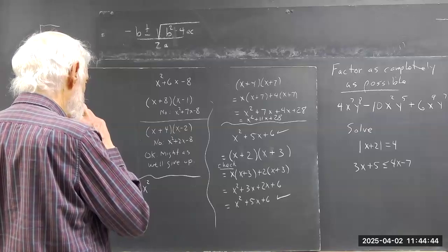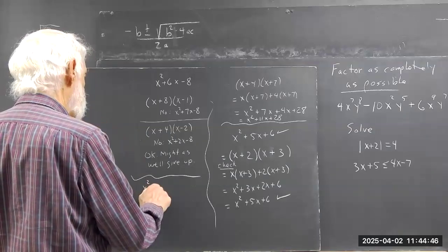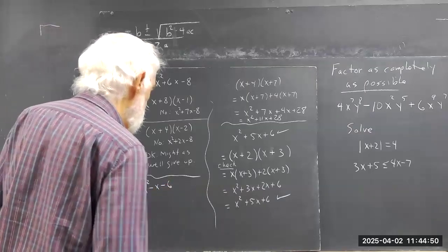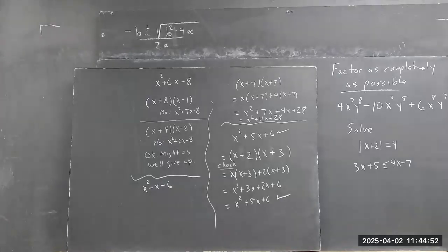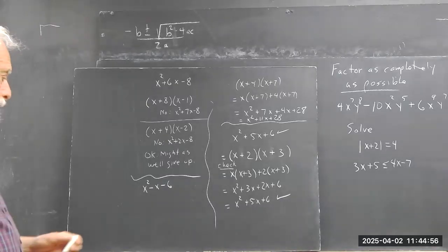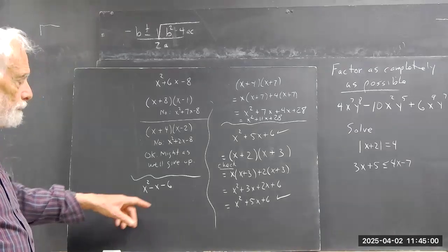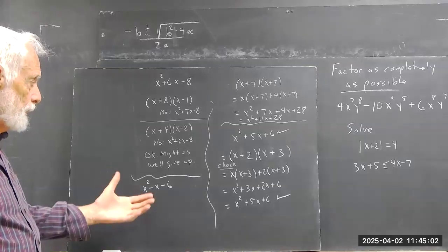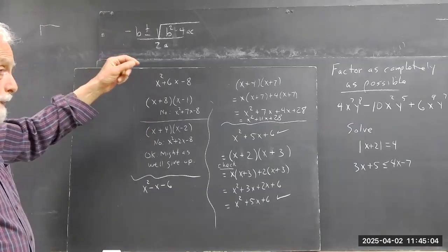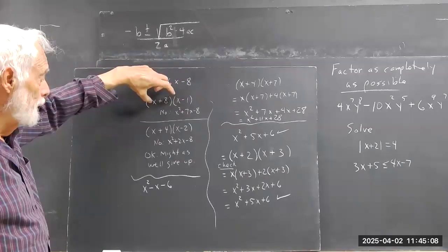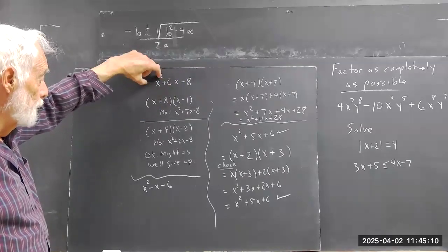Let's try x squared minus x minus 6. Write down some possible product where these two numbers multiply out to this one, and of course, you'll have an x in both.